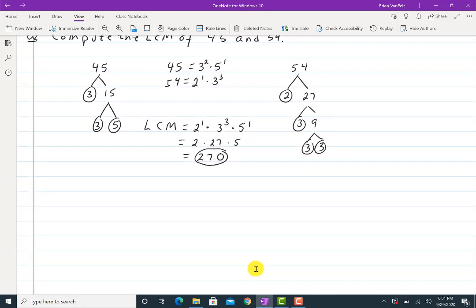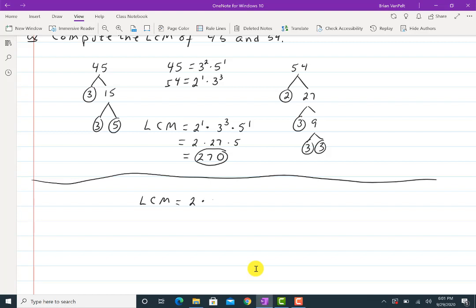There's another way that you can see this. In this previous example, I have an LCM of 2 times 3 to the 3rd times 5. Look at 45. 45 was equal to 3 squared times 5. If you look here, look at this.